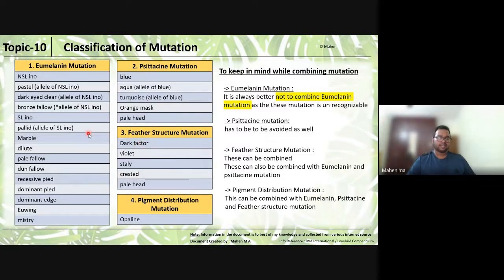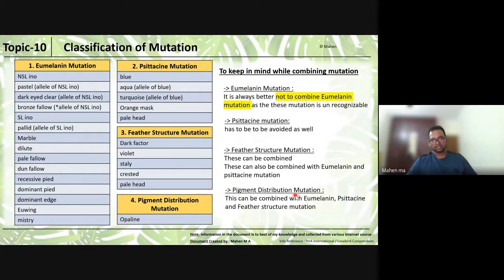You have a dark factor, you have a blue, you have dark factor, and then maybe you can take Ewing. Okay, so these three combinations are possible. These two combinations are possible, these two combinations are possible, but never mix these mutations together. Okay.